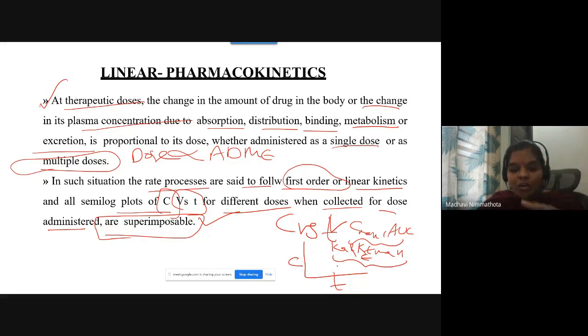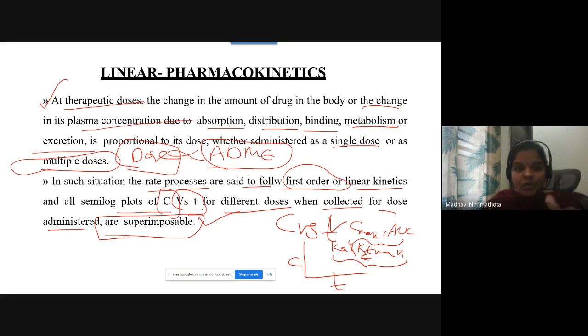When we can find out all these parameters, your drug dose will be directly proportional to the ADME mechanisms. Then we find out the drug's pharmacokinetic parameters with the help of C versus T curves.